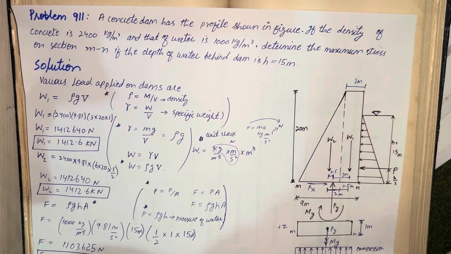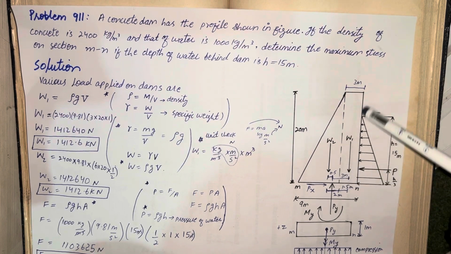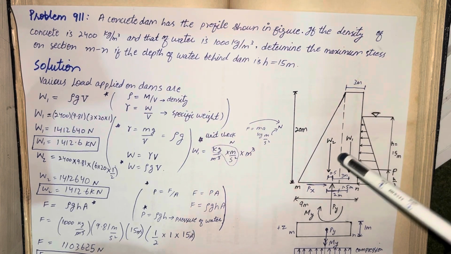The length of the dam is usually very long, so we are assuming that we are studying a length equal to 1 meter. We are studying the 1 meter length area of the dam. We are finding the combined stresses for those. So here what is W1? W1 is the self weight of this rectangular area of the dam.